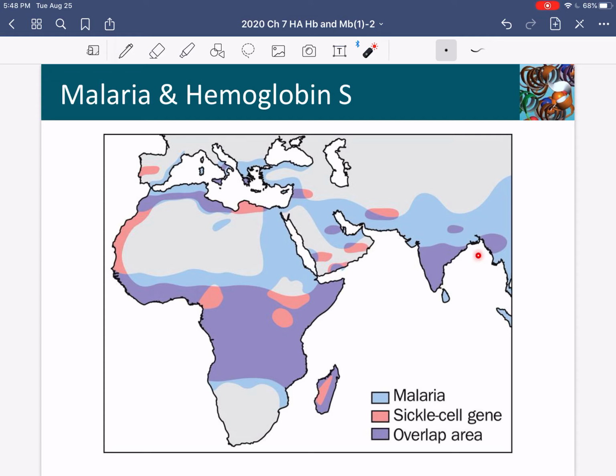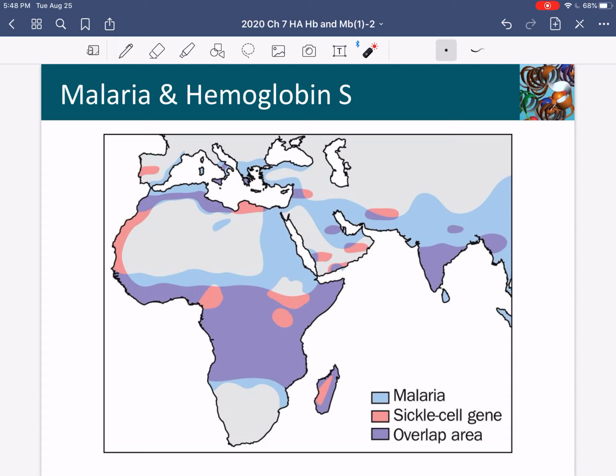And so you'll see that in Southeast Asia and in Africa, you have a lot of overlap between malaria and sickle cell disease. And the sickle cell gene actually confers protection on patients who are heterozygous. So they have one copy of the sickle cell gene and one copy of the wild type gene.